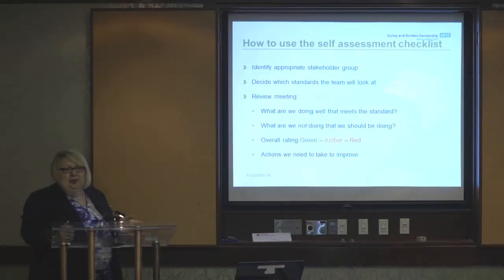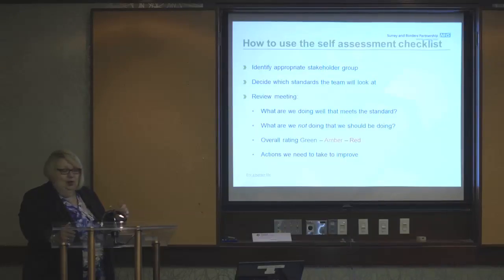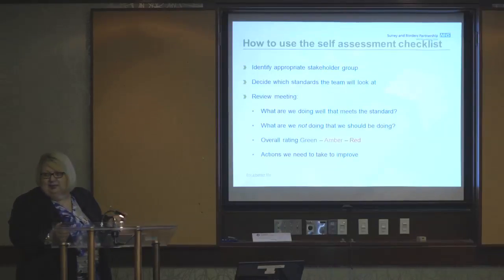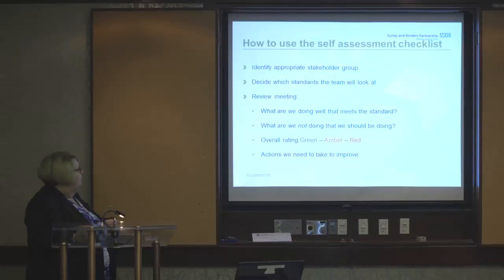What do I need to put in place? What do we need to work on over the next period of time to get us to green? What are the steps we need to put in place? Who else do we need to involve? What are the resources that are necessary? And that way you can begin to tackle parts of the system to actually say that you're producing a really good quality outcome for people.